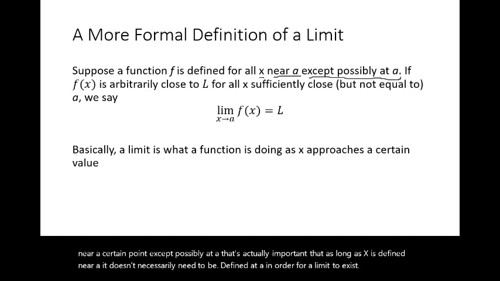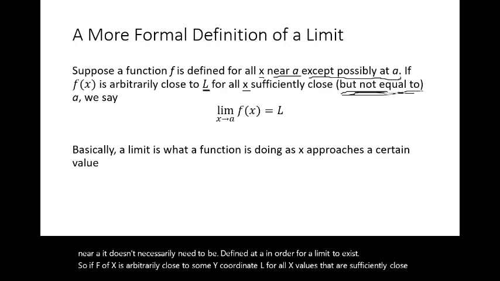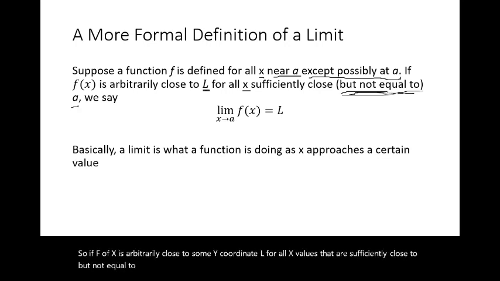So if f of x is arbitrarily close to some y-coordinate L for all x values that are sufficiently close to, but not equal to a, then we say that the limit as x approaches a of f of x is equal to L. So a limit is what a function is doing as x approaches a certain value a.